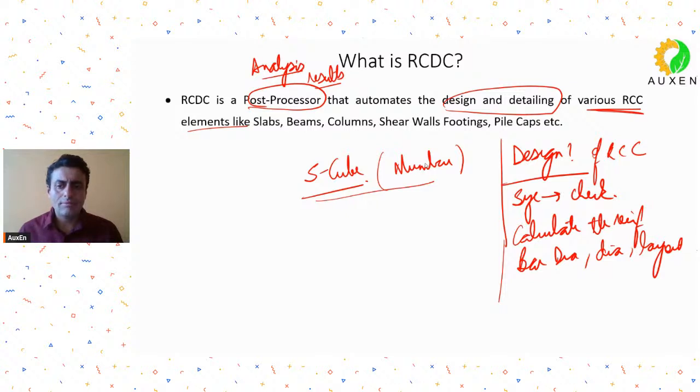Initially this software was created to act as a post processor for STAAD.Pro, and then eventually they added capabilities to take the analysis file from ETABS also and do the design work.